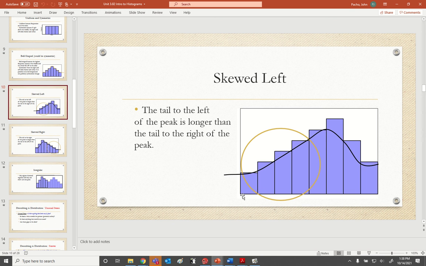And skew. Skew is interesting because it's kind of backwards. So where is all the data piled up at? On the right, isn't it? It's all over here on the right. But this one's actually referred to as skew left.